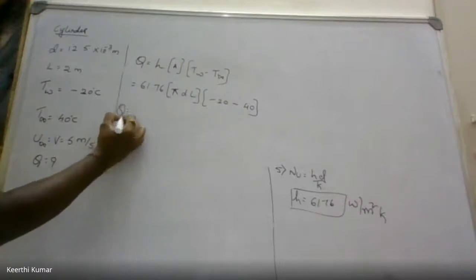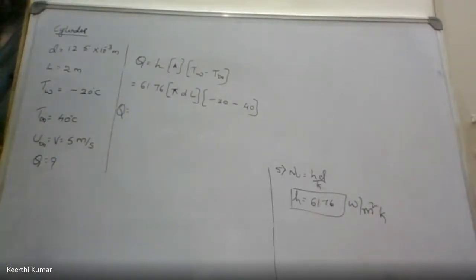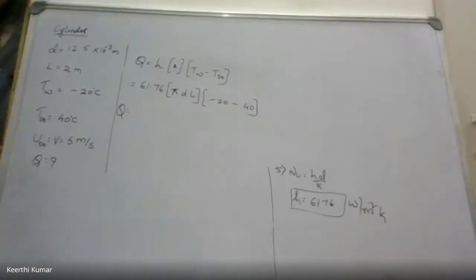So what is the Q value? Minus 291.048. Yes, minus 291.048.